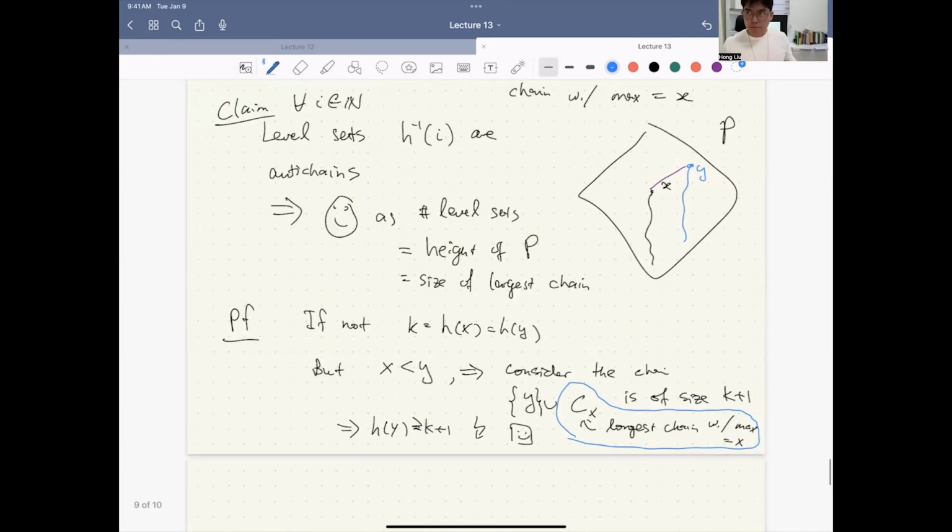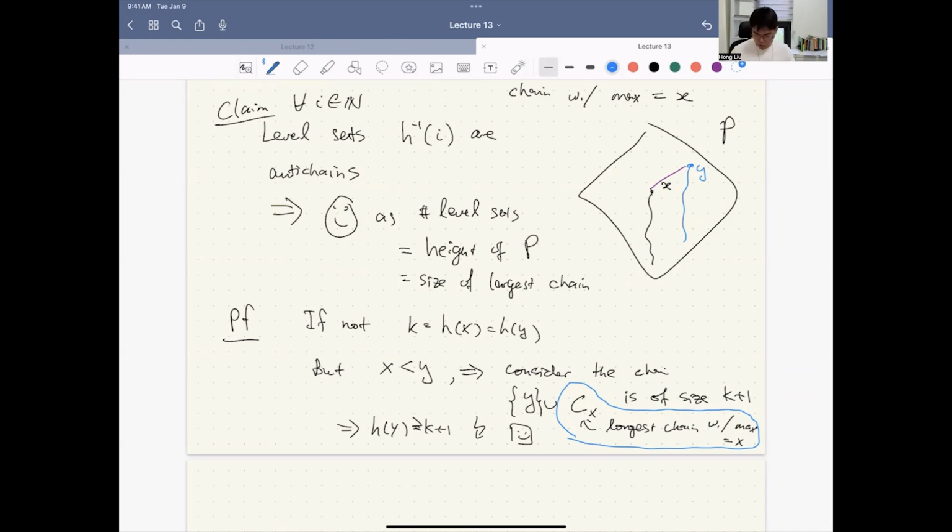Okay. Good. So let's now, do I have time to finish the proof of Dilworth's theorem?